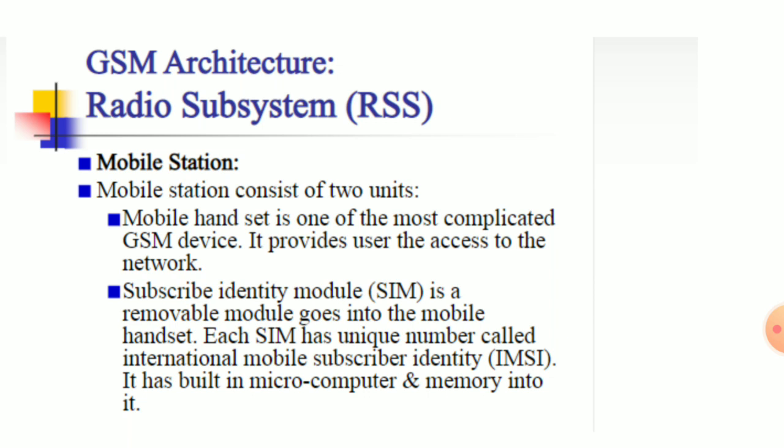All of you know that everyone has a subscriber identity module, and every customer has a unique number for subscriber identification purposes. It is mainly for building the microcomputer and memory into it.